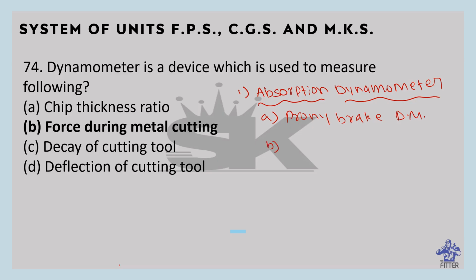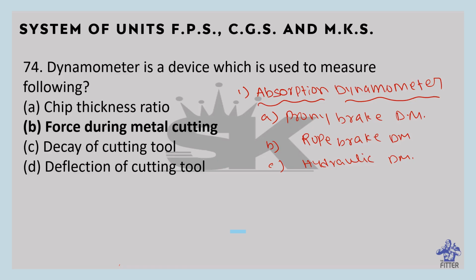The second one is the rope brake. The third one is the hydraulic dynamometer.